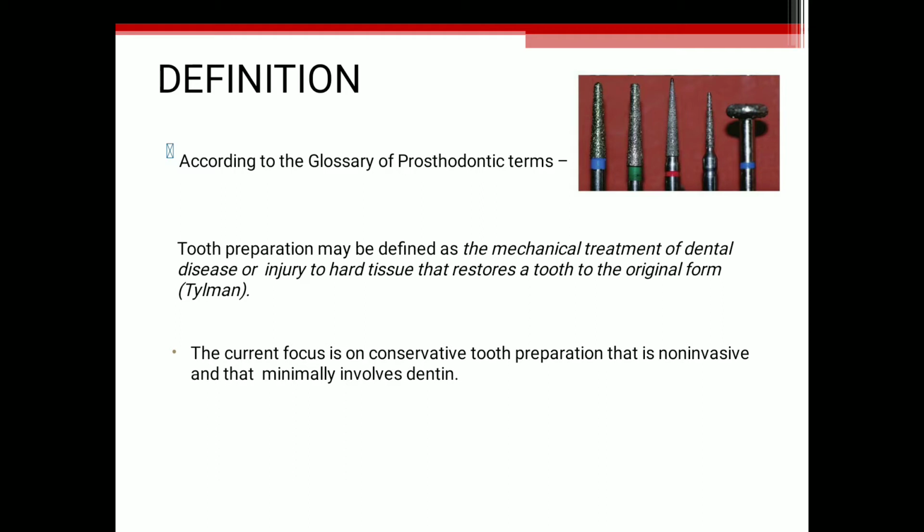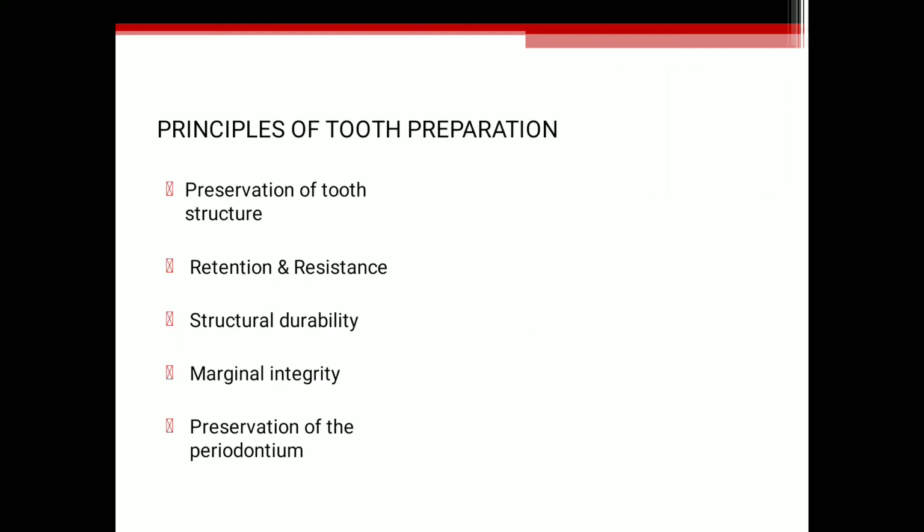The current focus is on conservative tooth preparation that is non-invasive and minimally involves dentin. The principles of tooth preparation are classified based on Shillingburg and Rosenstiel. Based on Shillingburg, they are preservation of tooth structure, retention and resistance, structural durability, marginal integrity, and preservation of periodontium.